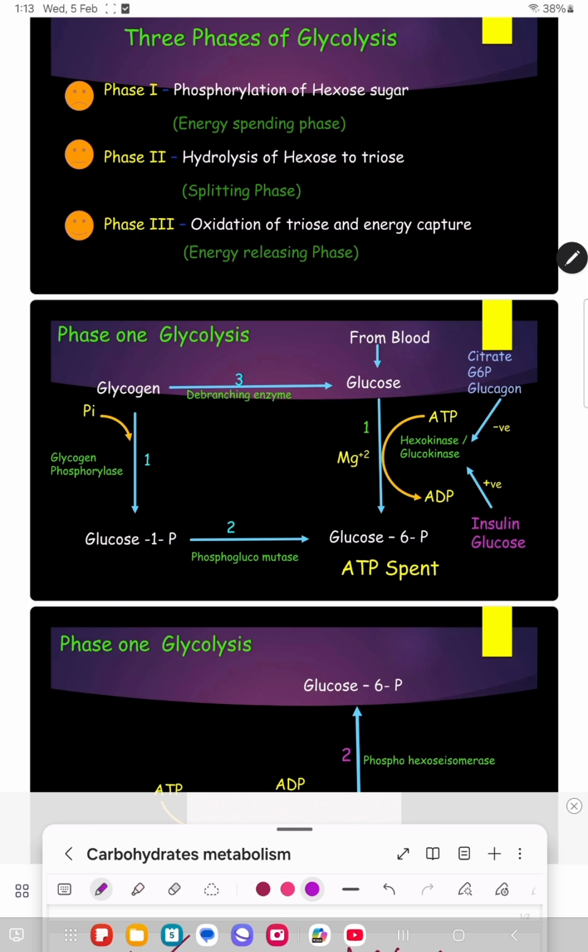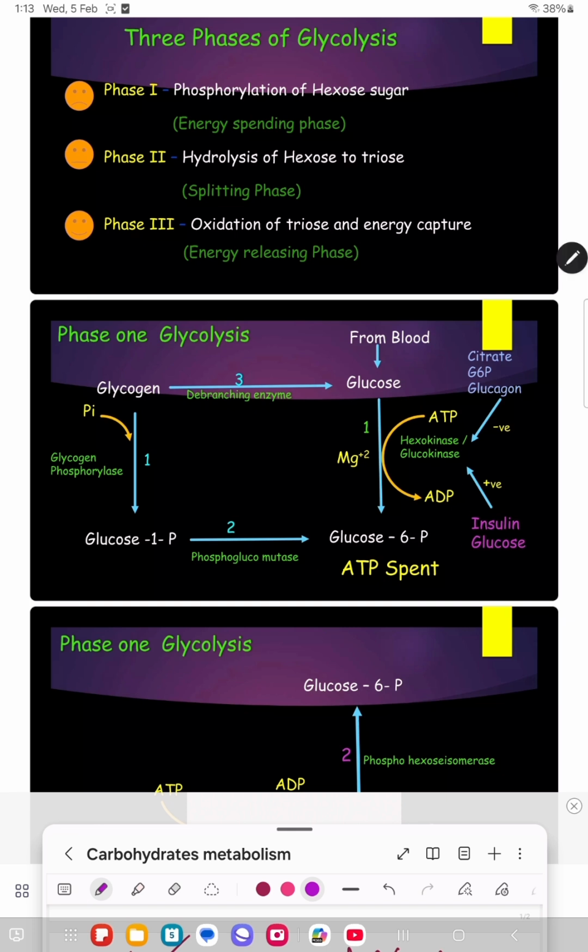So this is step number 1, and glycogen will be converted to glucose 1-phosphate here, using the glycogen phosphorylase enzyme. In the second step, glucose 1-phosphate will be converted to glucose 6-phosphate. So in the first step, the ultimate product is glucose 6-phosphate.